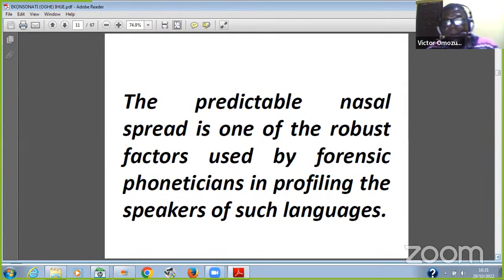So experts in that area rely on this predictable nasal spread in Edo to profile most of our African speakers, when it concerns crime and all that. That is speaker profiling.